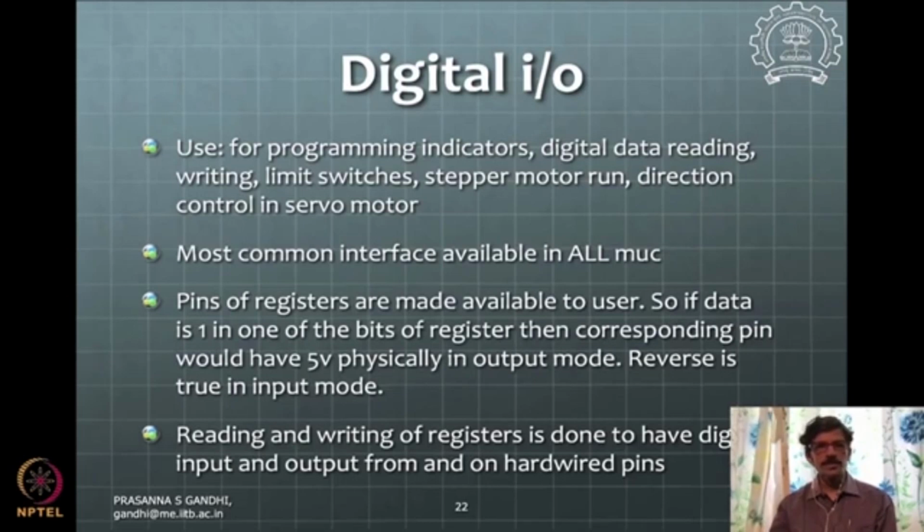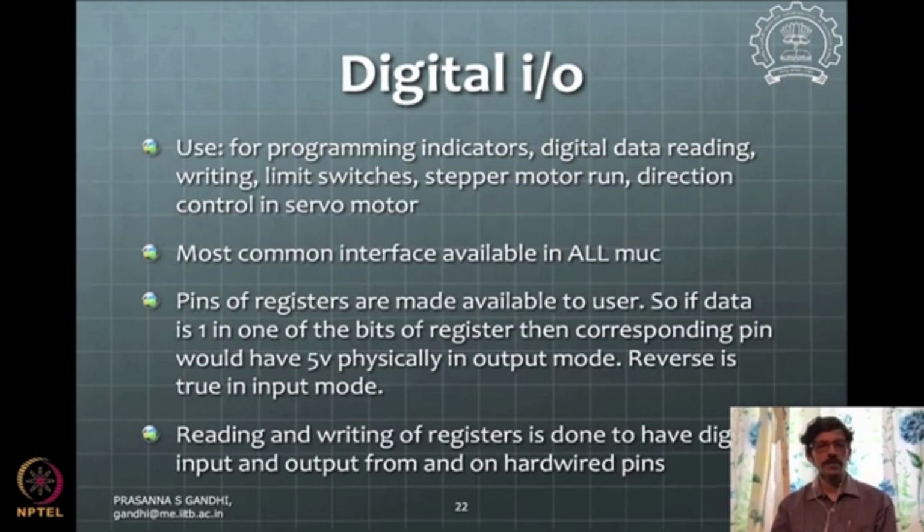How this interface works is very simple actually. You know the registers now. If the pins of the registers are made available to the user, normally they are not available, then the user can use those pins for where the data is high or low.